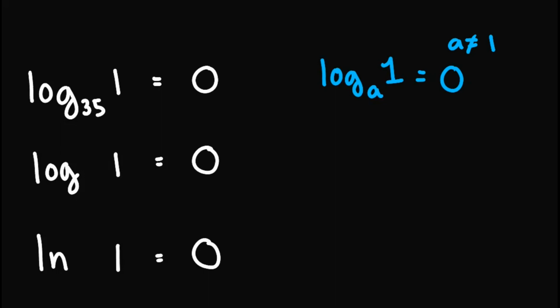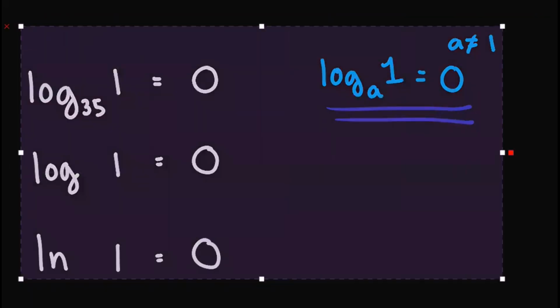So take note of this property out here. It's very helpful. For our fifth set of examples, we have the logarithm of 10, ln of e, and the logarithm of 2 with respect to base 2.